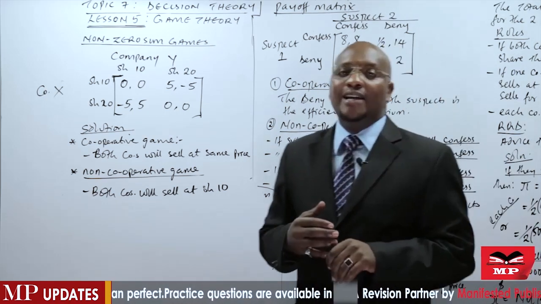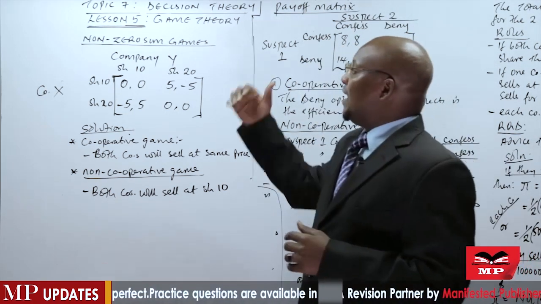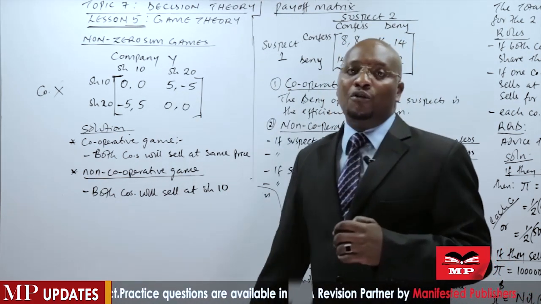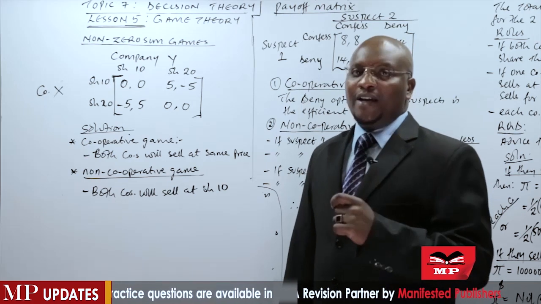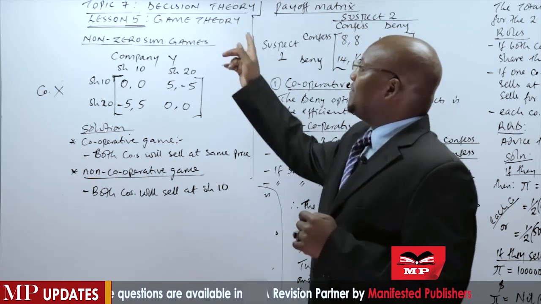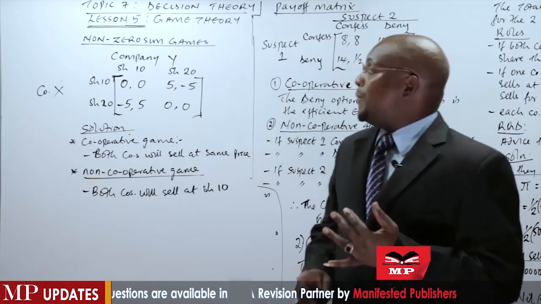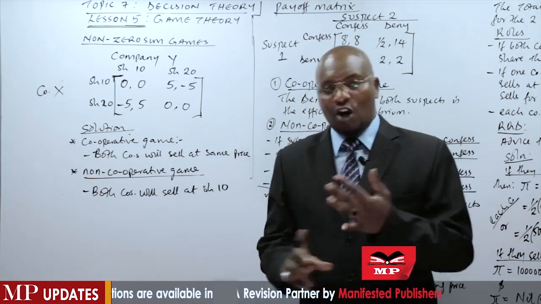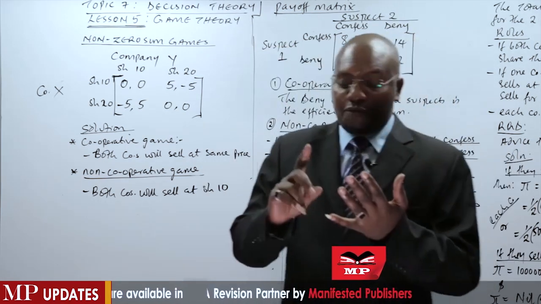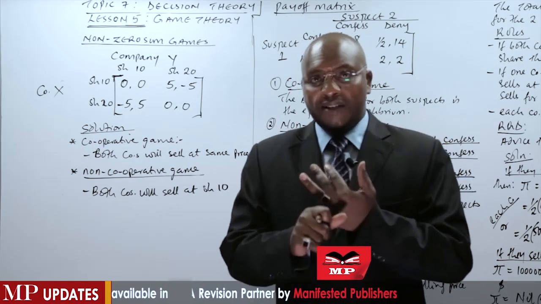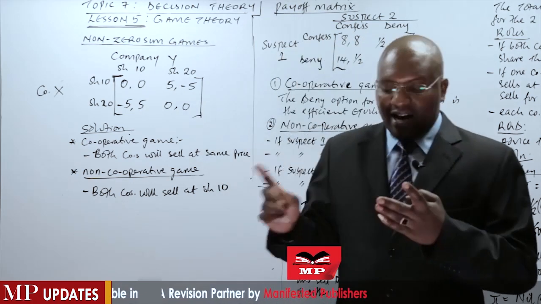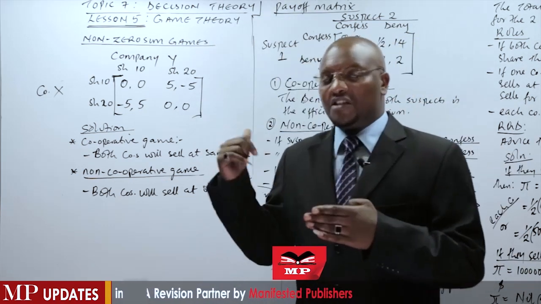Now, we've come to the end of lesson 5, and it's also the end of this game theory as part and parcel of decision theory. This also is the end of topic 7. Topic 7 was decision theory, where we have covered in 5 lessons the 4 uncertainties, or the 4 environments: environment of certainty, environment of uncertainty, environment of risk, and environment of competition, which is now this game theory.